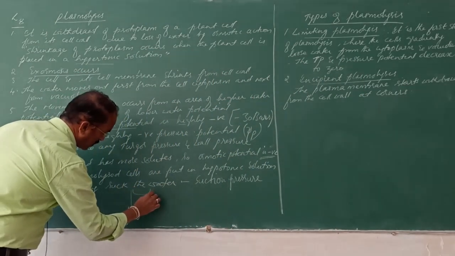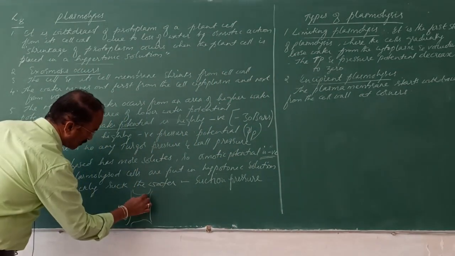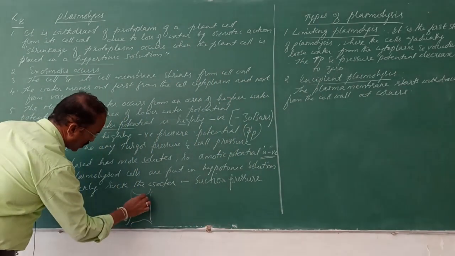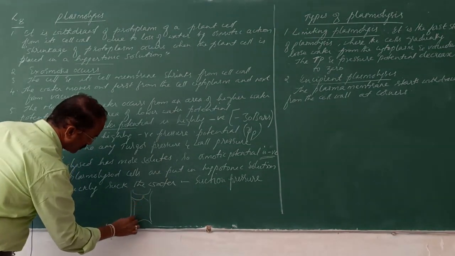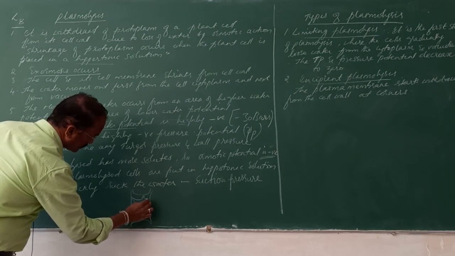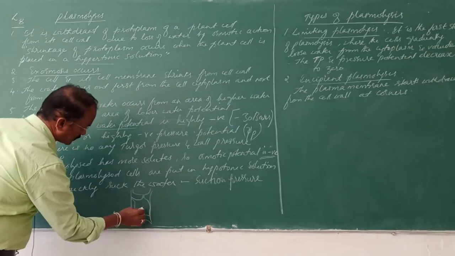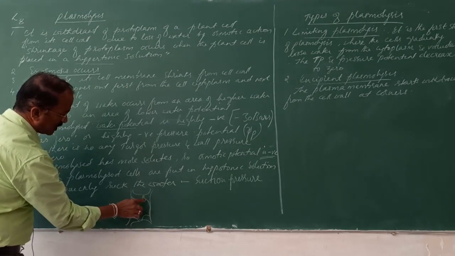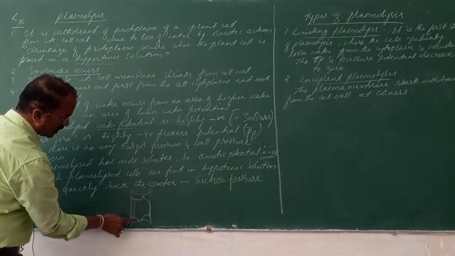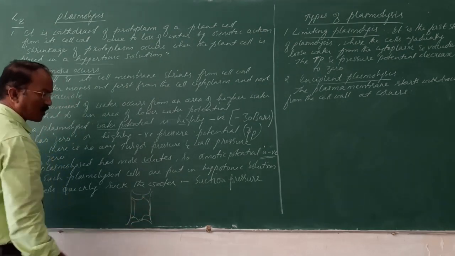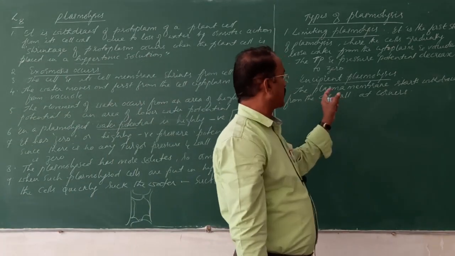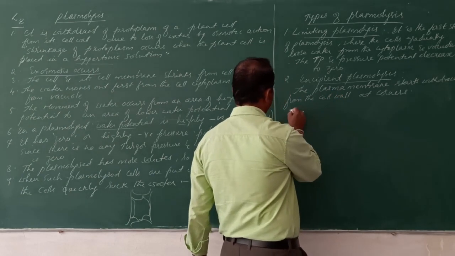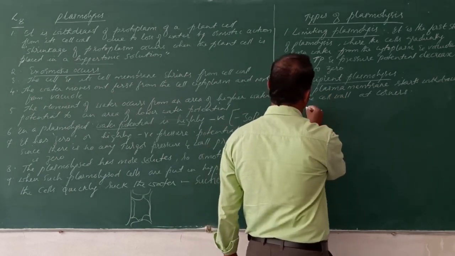That is the cell wall. See, the plasma membrane starts withdrawing at the corners. This is the corner, the plasma membrane separated out. Here is the corner, here is the corner. So in the beginning we can see the withdrawal of the plasma membrane from the corners, that is incipient. Next, evident.